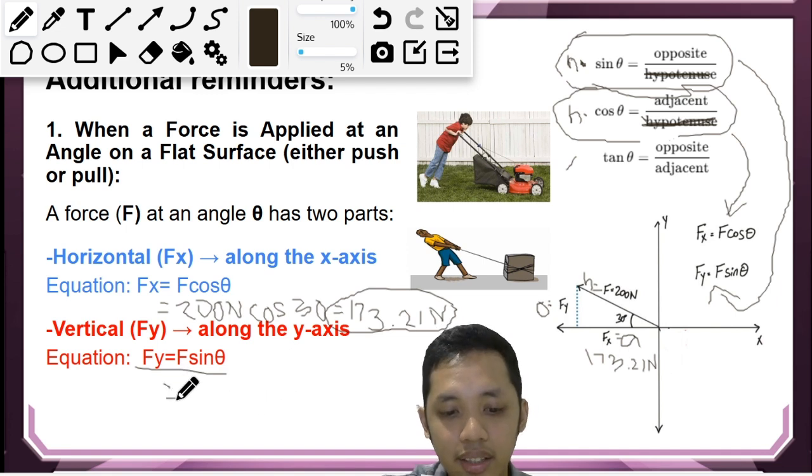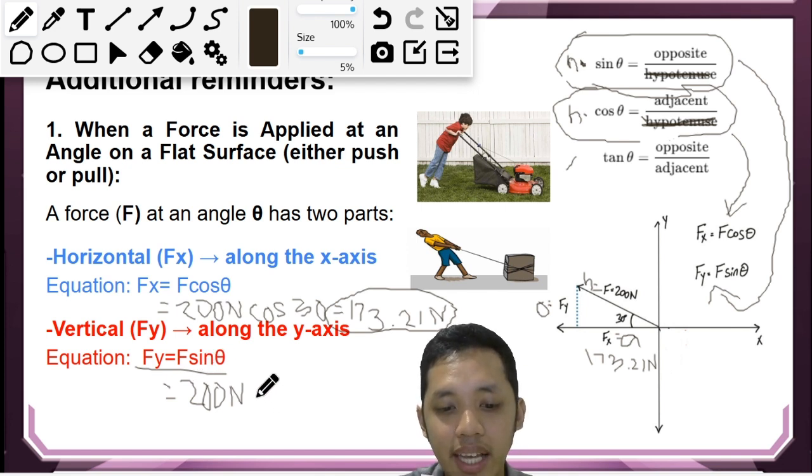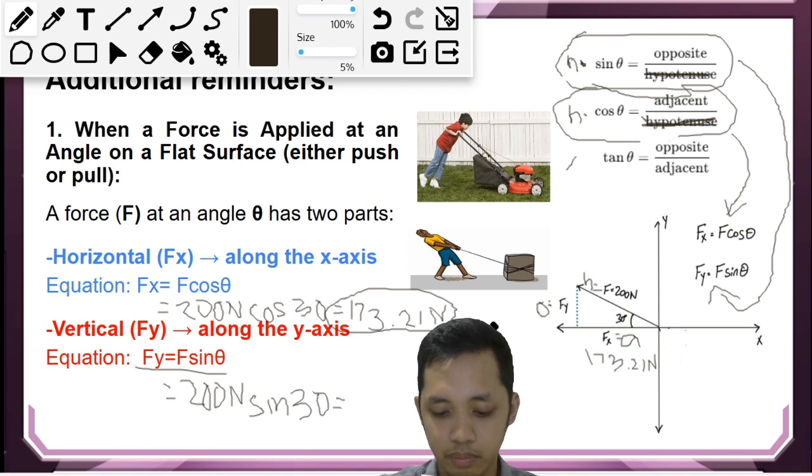So let's get the f of y. F, which is the hypotenuse, 200 newtons, sine theta, which is the angle, is equal to, let's compute, 200 sine 30 will have 100 newtons.